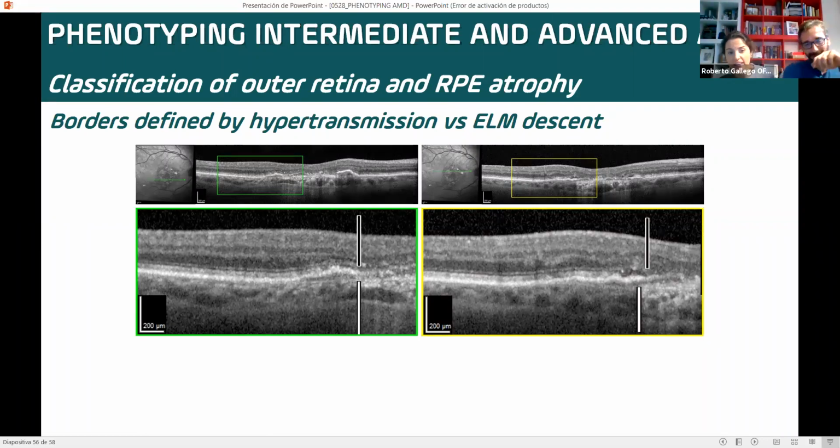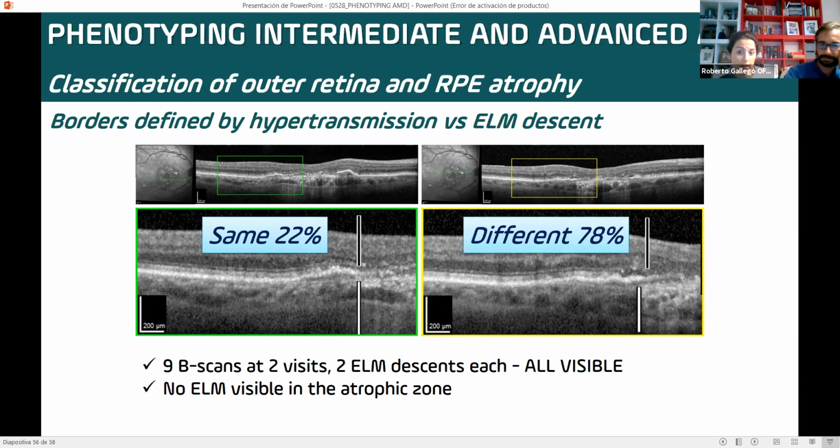Yeah, I think it's something that, as I was saying, is maybe more difficult to analyze, for example, in reading centers, and it also depends on the quality of the scans. We saw in our paper that you have to have really good quality scans in order to see the descent in all the patients.